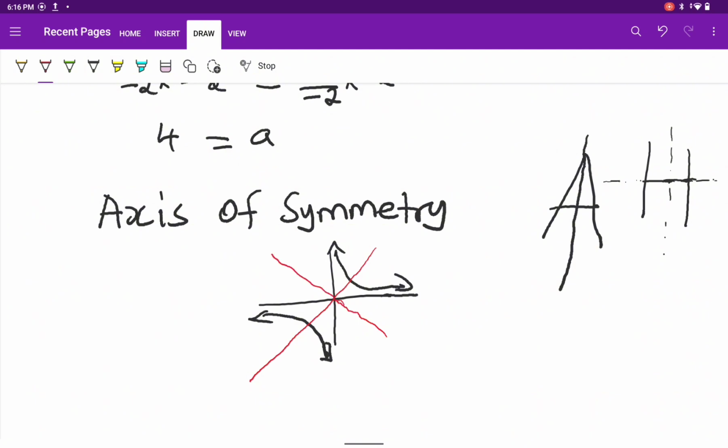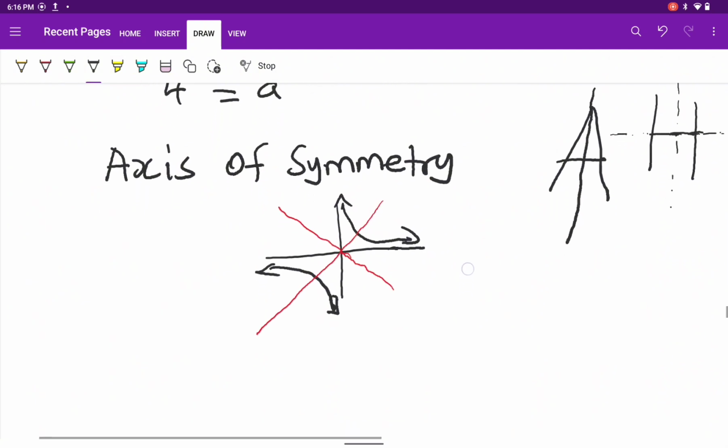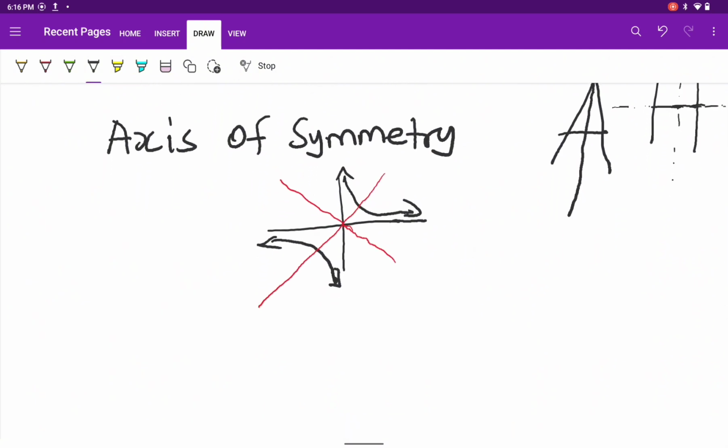So we can have a line here, so this side equals that side. Hence we realize that we have two lines of symmetry. So we are going to have two equations because we can divide it into two.